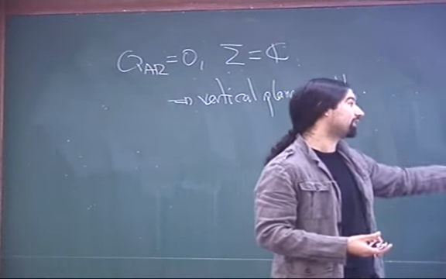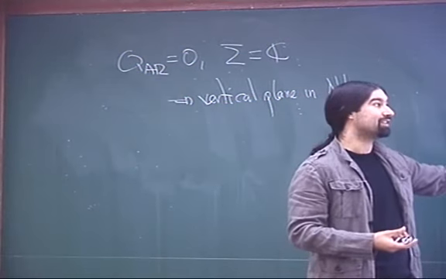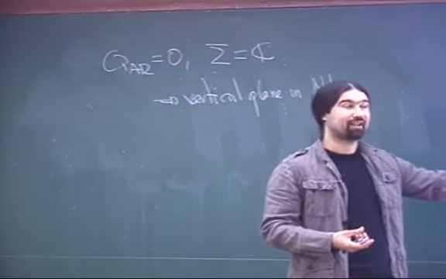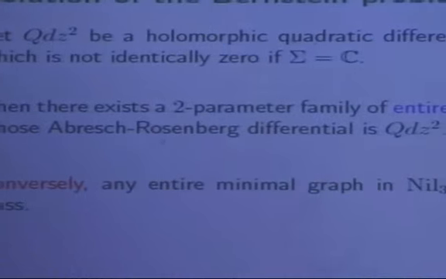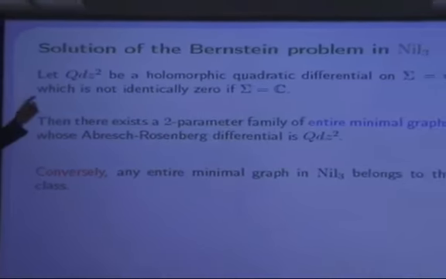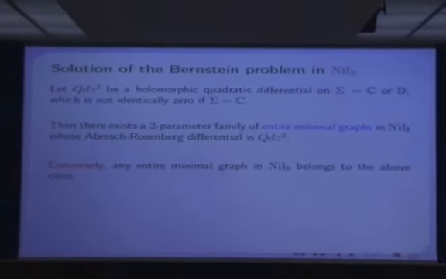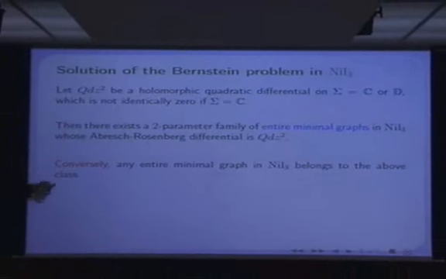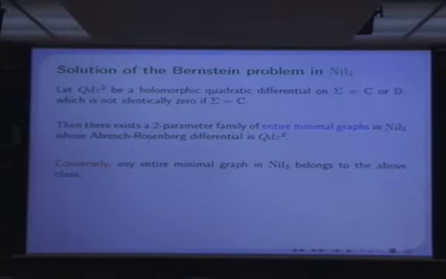And this is what the uniqueness part is telling you: that you can classify all entire minimal graphs in Heisenberg in terms of the space of holomorphic quadratic differentials on the plane or on the disk, which is a well-known class of objects. So that's why the theorem, in some sense, can be seen as a solution to the Bernstein problem. Of course, this is not telling you anything about the asymptotic behavior of the examples, which is a very interesting question, or some other properties that one might see, but you have a very clean classification theorem.